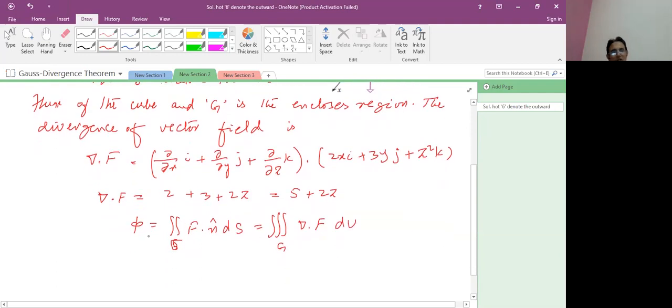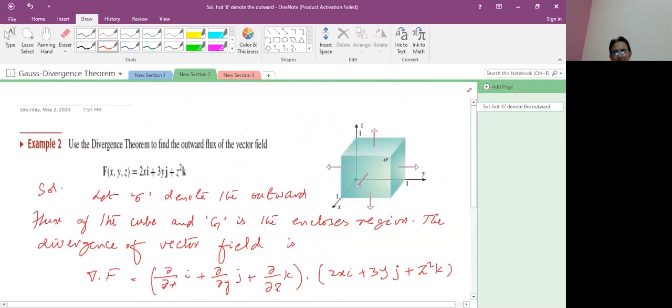This is the formula of outward flux when we convert the surface integral into a volume integral. So we will easily find the value for the cube. It means x is 0 to 1, y is 0 to 1, and z is 0 to 1.